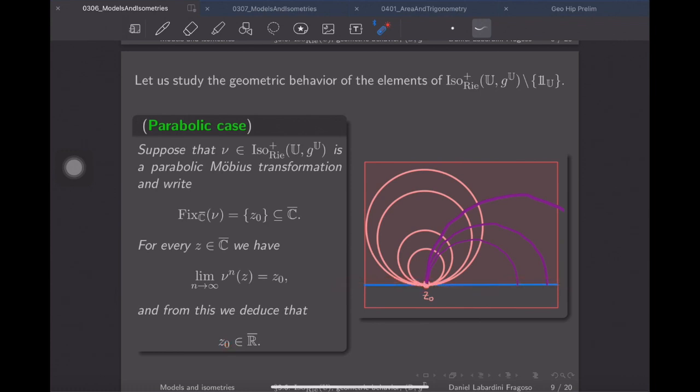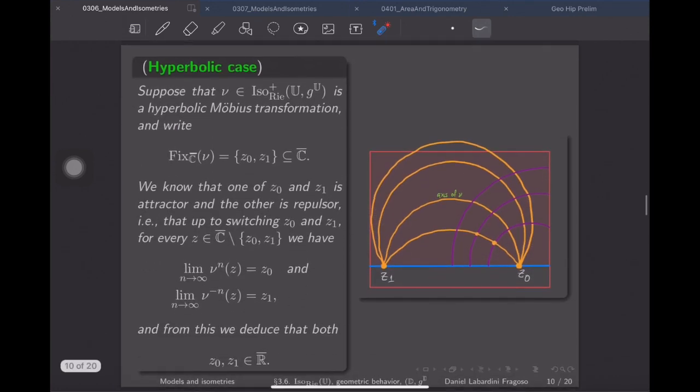It could be infinity, and the transformation looks like this. Here you have these circles that are stable under the action, and these are shortest curves, right? And the image of one such is another one such.